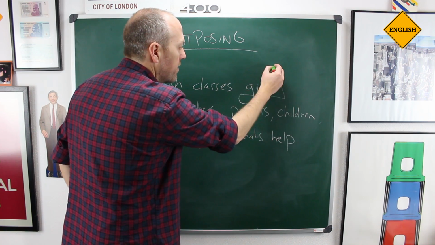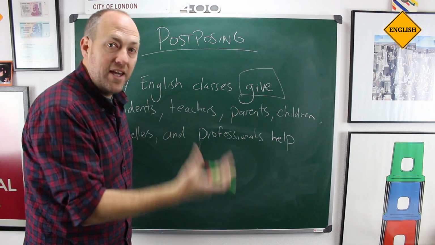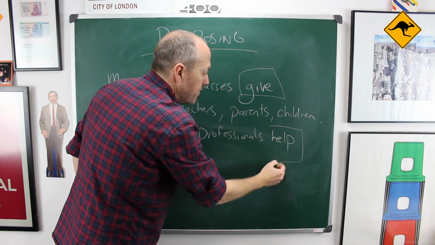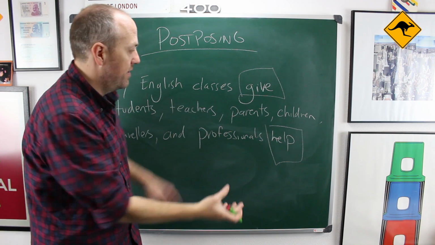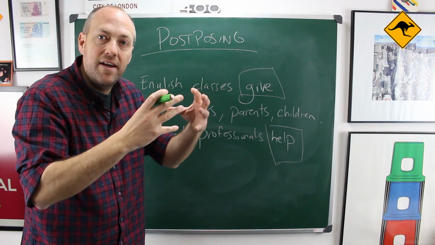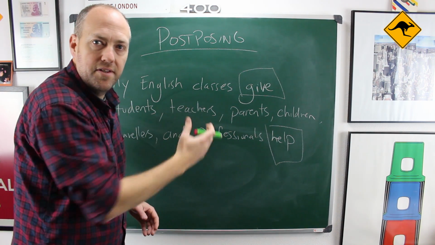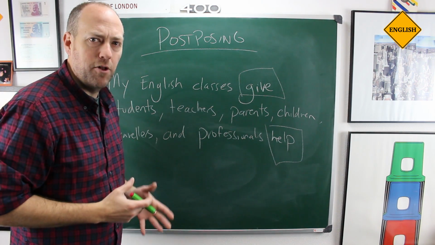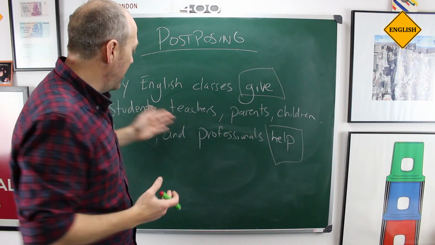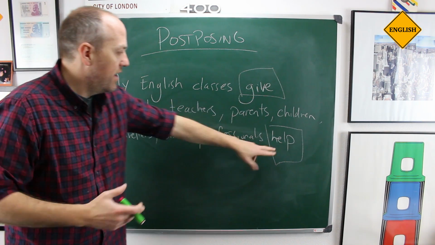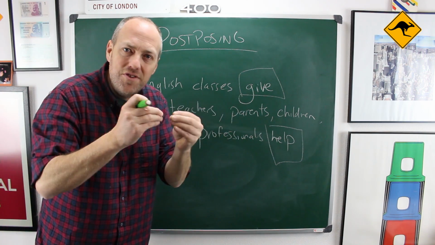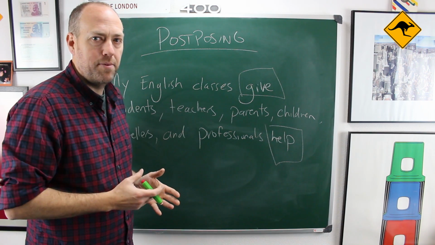So the verb give and giving help, they are very isolated. There's a lot of words in between give and help. So maybe when I'm reading, I lose the connection between give and help.